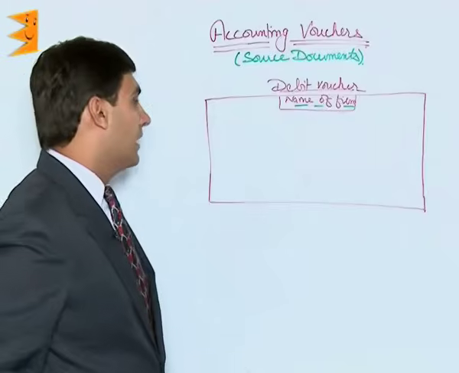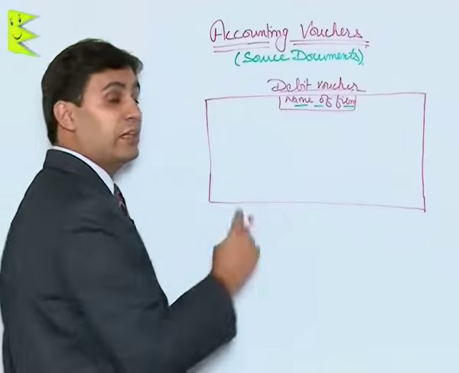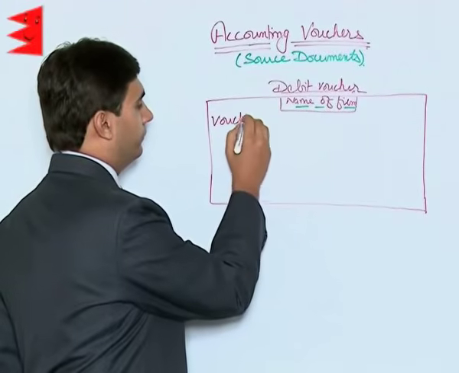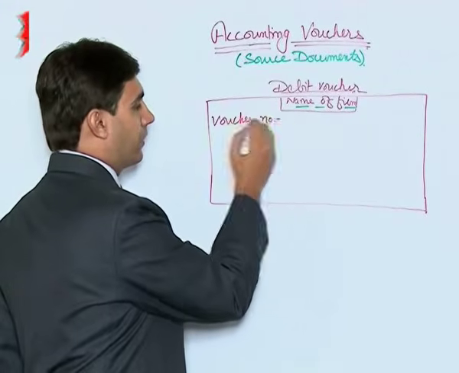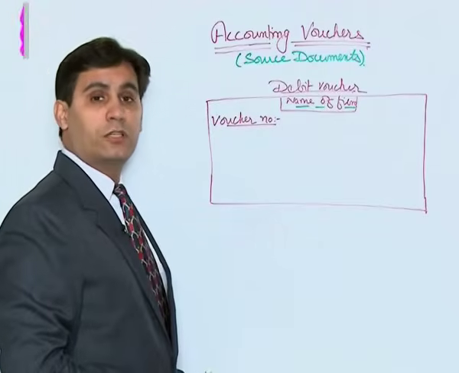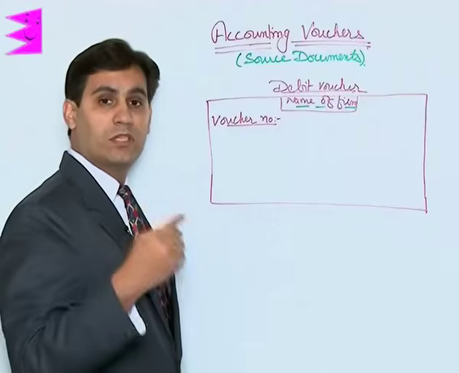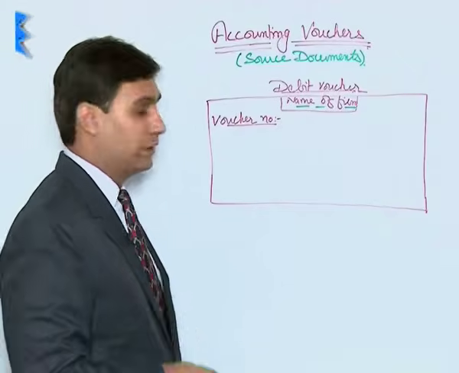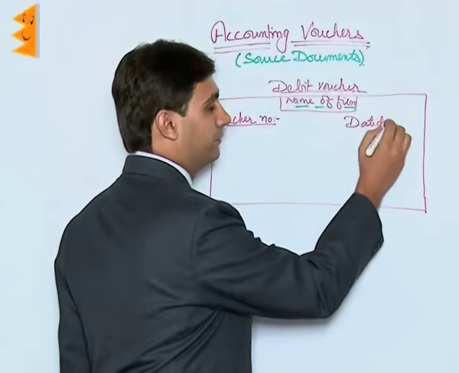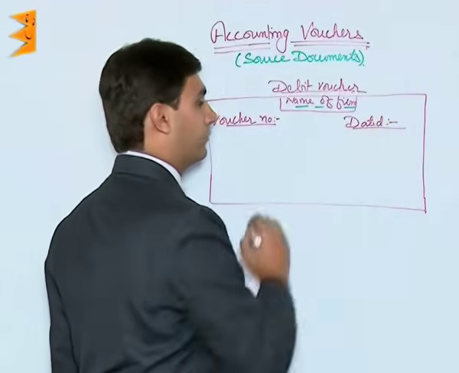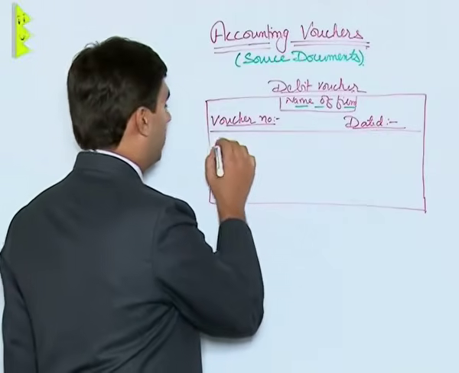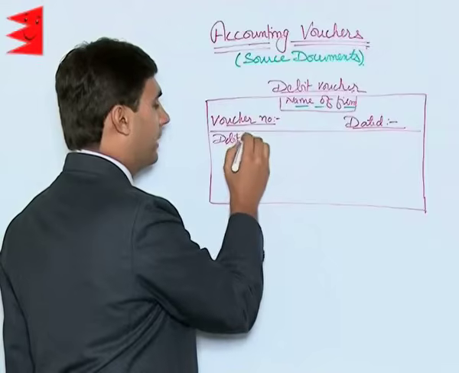Then the second important part is it must have a distinct voucher number, and this number should be carried on in a chronological manner: the first voucher, the second voucher, third voucher, and so on. It must be duly dated. Then it must have details of the accounts to be debited.